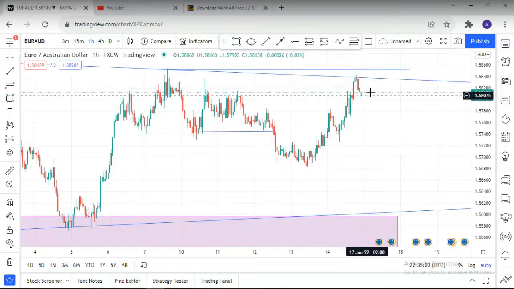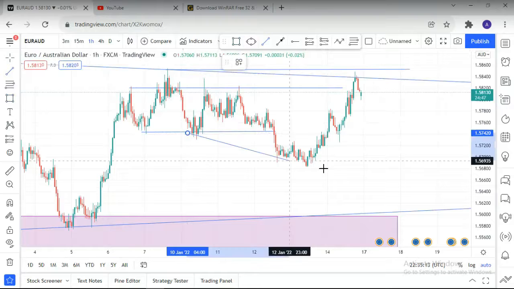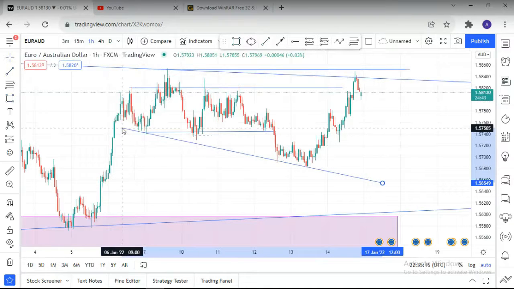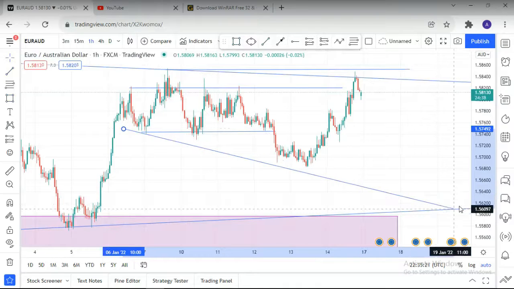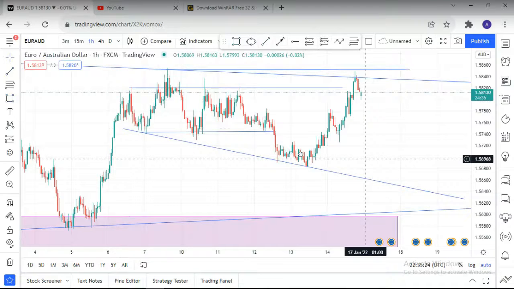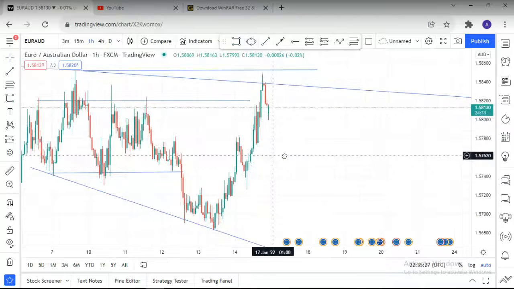For me, my chips are still going to be in favor of the bearish trend, at least up until price comes back to retest that trend line.